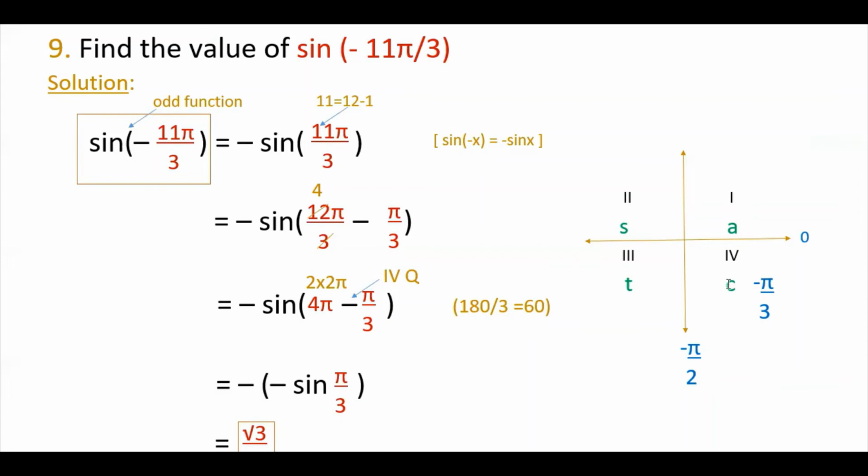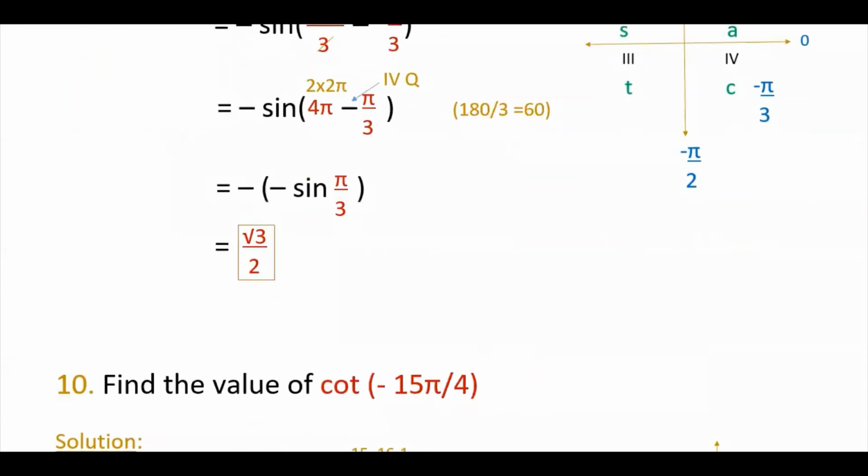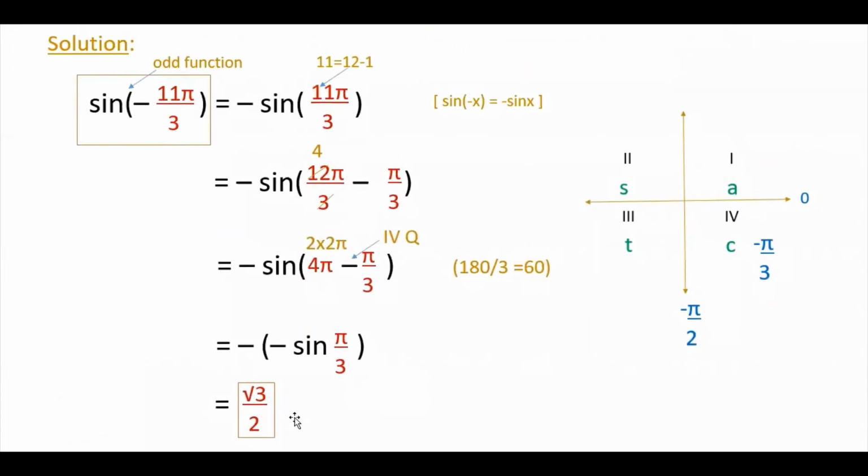The remaining all are negative. So you have to put a minus sign again for this trigonometric function. So this minus sign is for the odd function and this minus sign is for the fourth quadrant. So two minus signs you have to put here. Minus of minus sin pi by 3 is equal to sin 60, that is root 3 by 2.